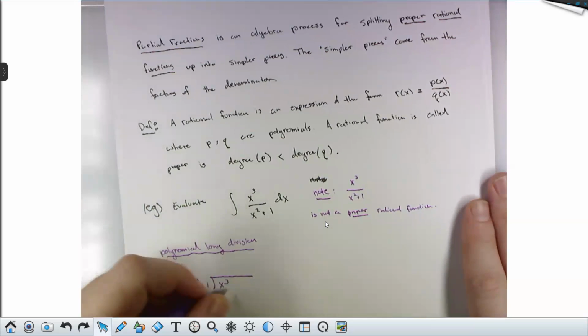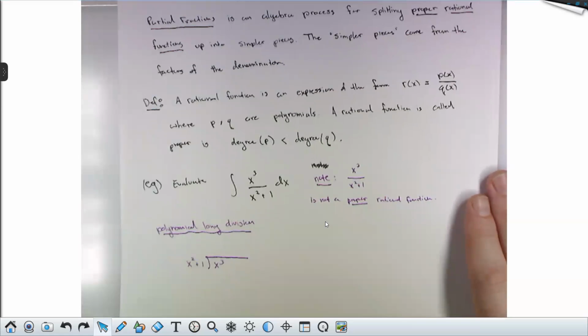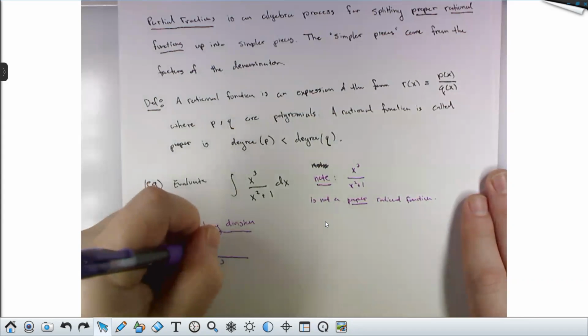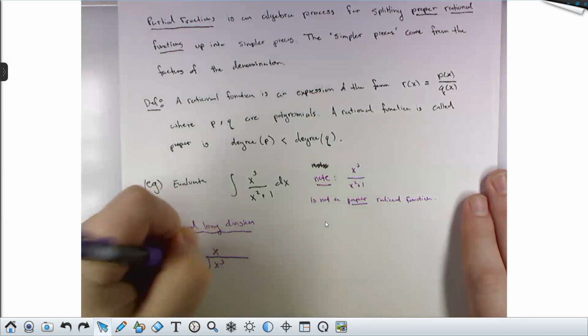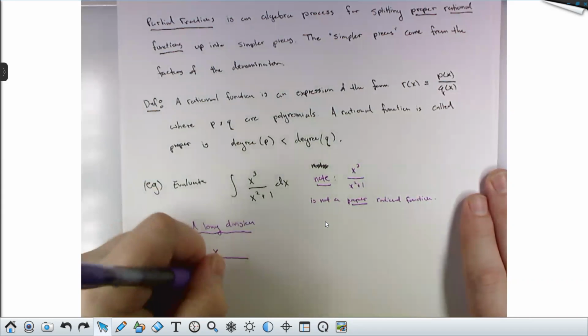You could write x cubed plus 0x squared plus 0x plus 0 if you want. X squared goes into x cubed x times. Right? X times x squared is x cubed. If I multiply x by x squared plus 1, I get x cubed plus x.